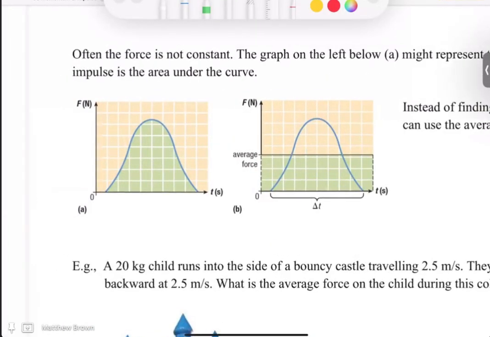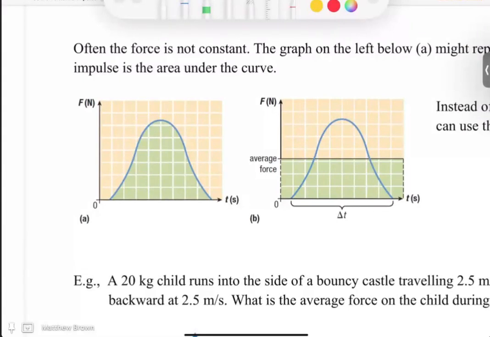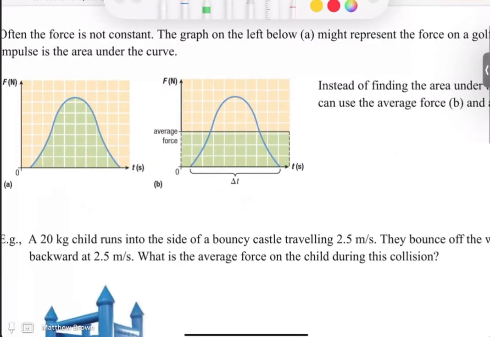If you're looking at something like this first curve, like A, which I took from a textbook, that's basically what it would look like. But that's a little more difficult to do from a calculation perspective or when you're solving problems. And usually, just like with a lot of dynamics problems, we can just use the average.